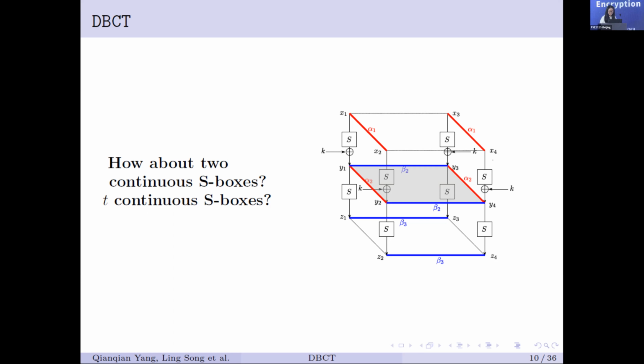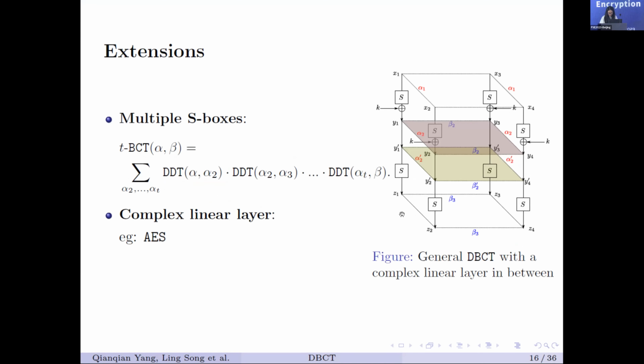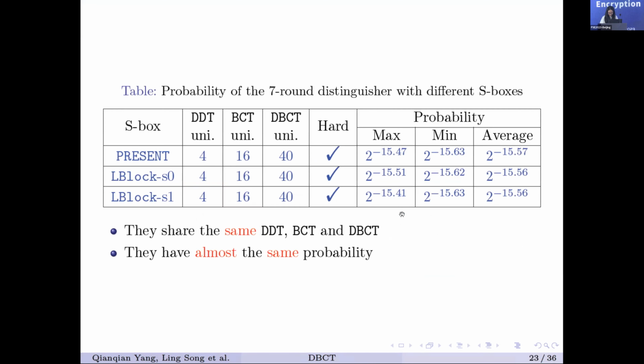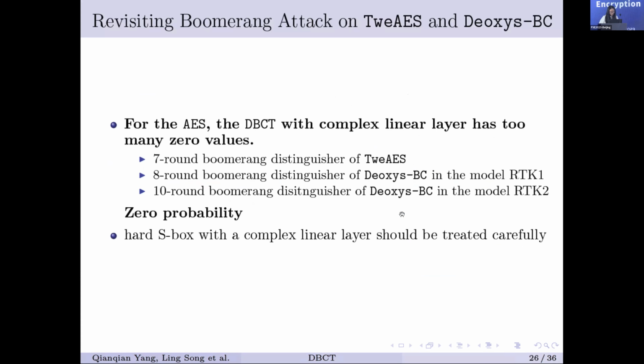On page 26, AES and Deoxys are all AES-like ciphers. So I would like to know, besides AES-like ciphers, does incompatibility exist in other ciphers?